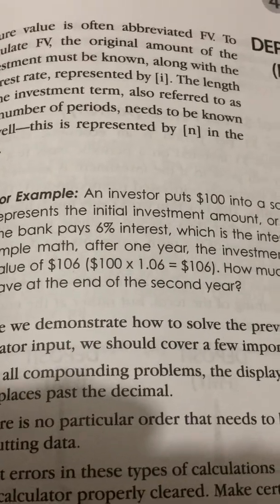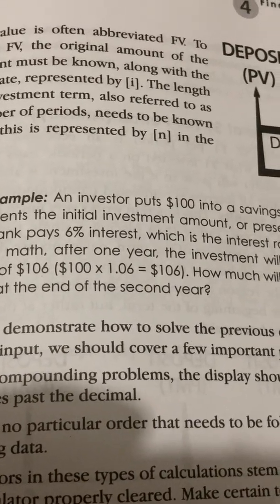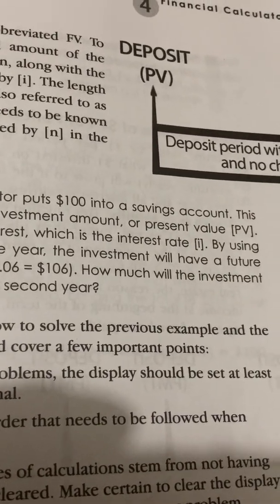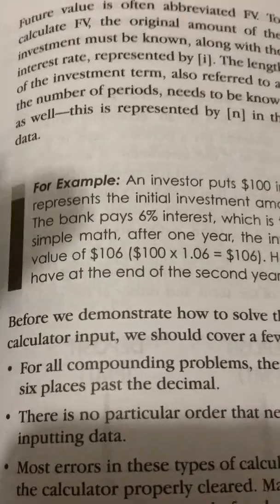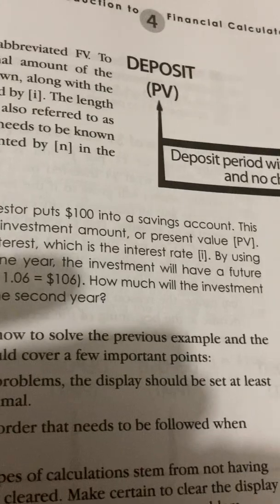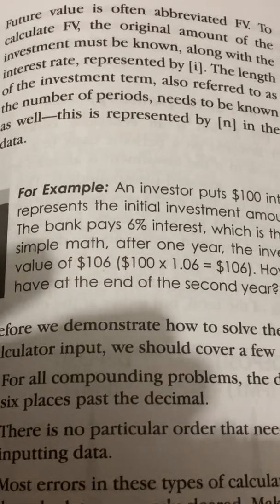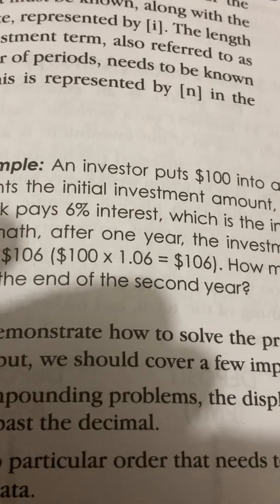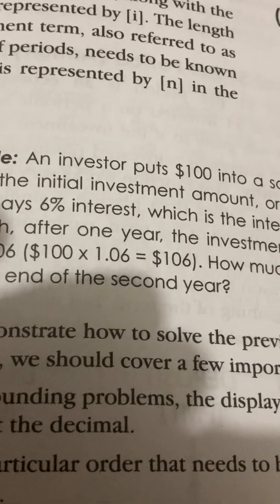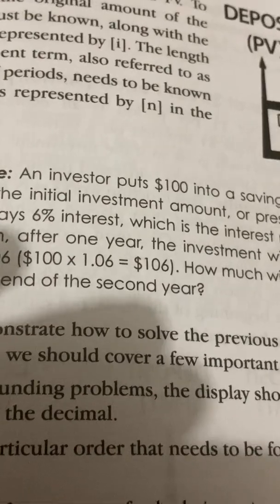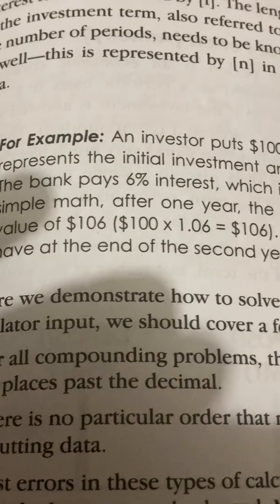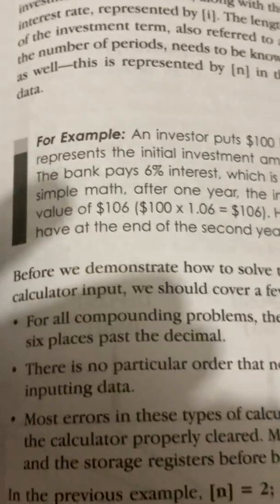The bank pays 6% interest, which is the interest rate, I. By using simple math, after 1 year, the investment will have a future value of $106. $100 times 1.06 equals 106. How much will the investment have at the end of the second year?